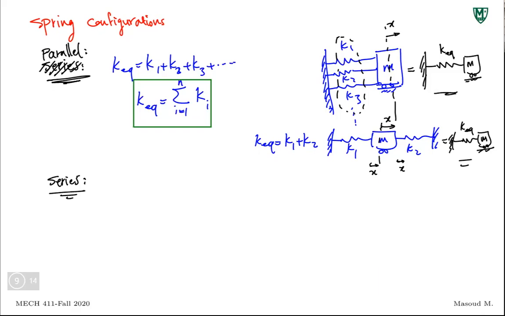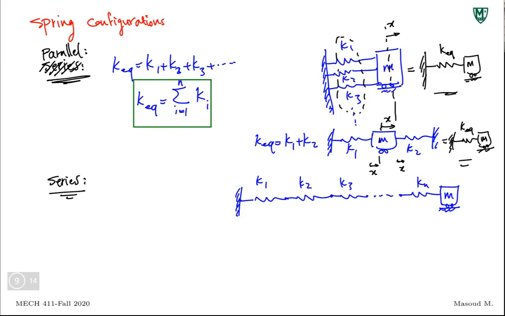Now, springs in series, as you can guess, if I have a situation like this, one spring here, K1, another spring there, K2, another spring there, K3, and just a series of springs all connected to a mass here, let's call it Kn. These are springs in series.